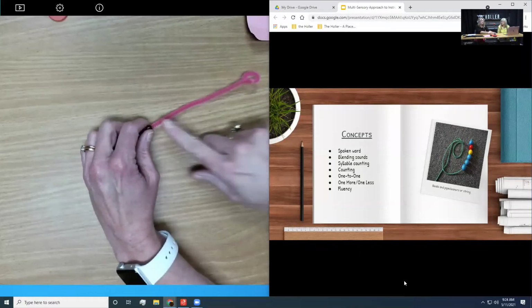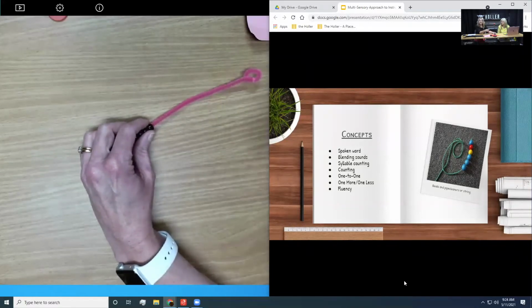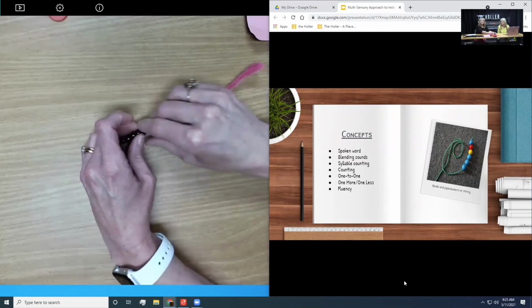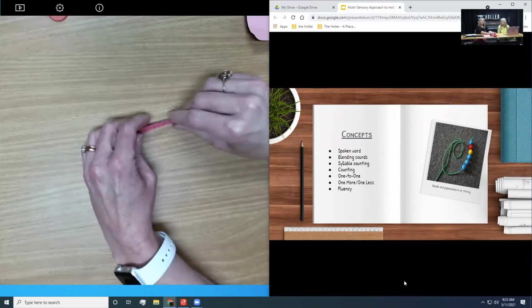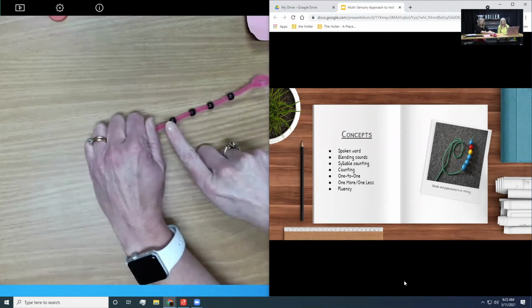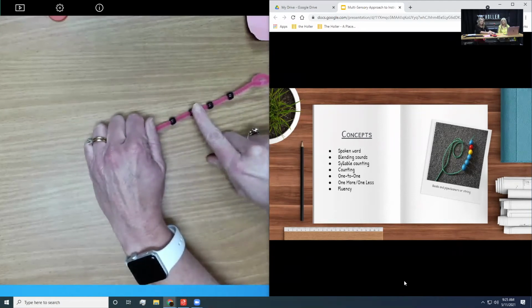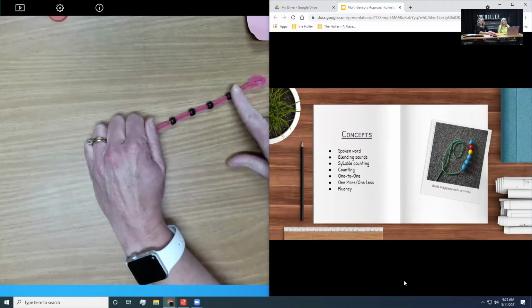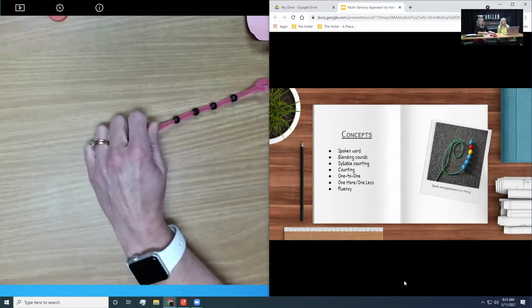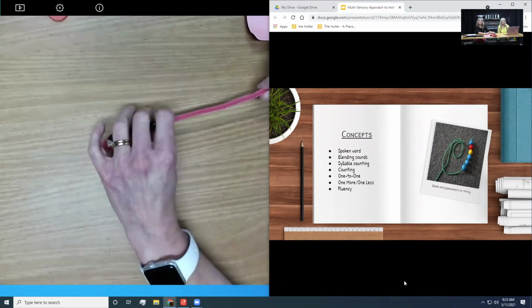But then as you're demonstrating, you can slow it down and emphasize the pause so that the students can hear it. I have 2 pets. And then, okay, let's count the beads on this one. How many do we have? 1, 2, 3, 4. So there's 4 words in that sentence. So that's one that you can do.